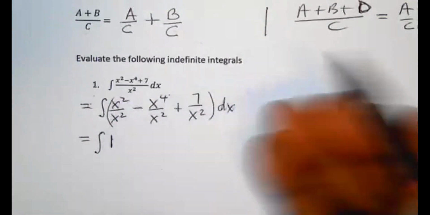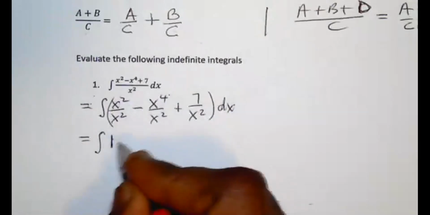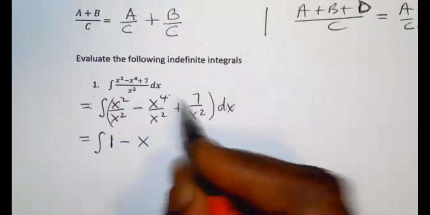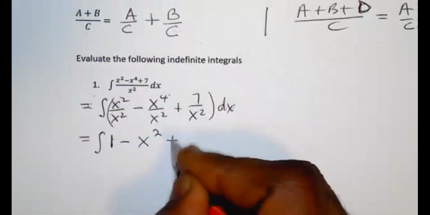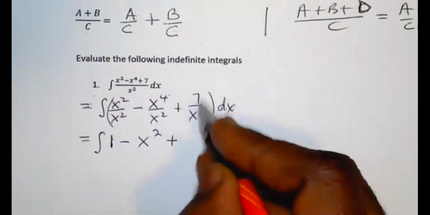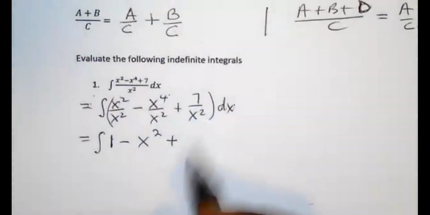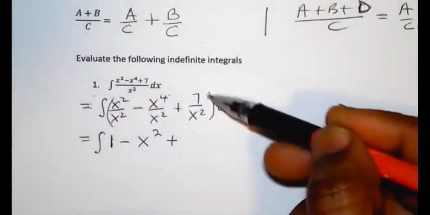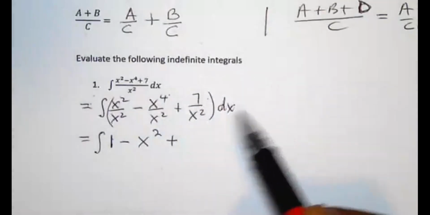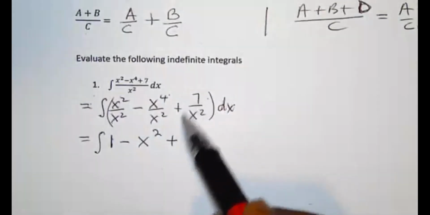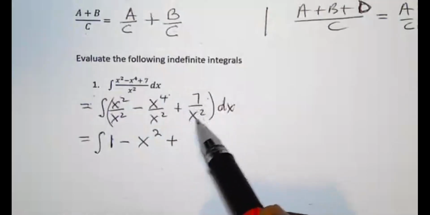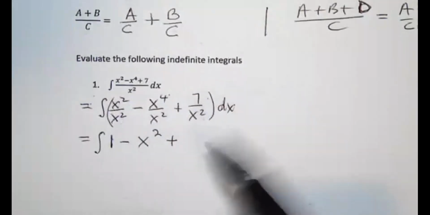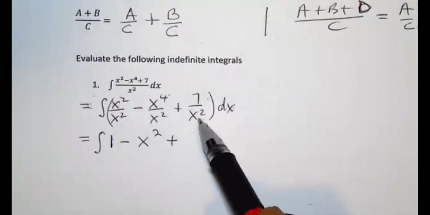So I have x to the power 0, which is always equal to 1, minus x to the 4 minus 2, which is x squared, plus, we can't do much about this, but the only thing we can do here is change this fraction to exponential form so that we can easily take the integral, which we've already done in the previous lesson.